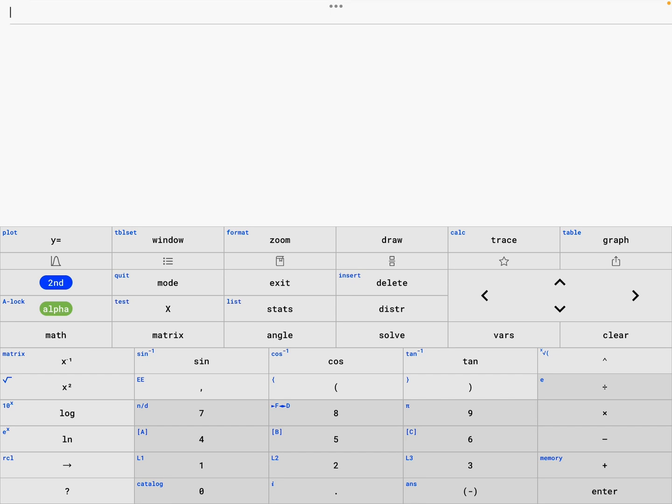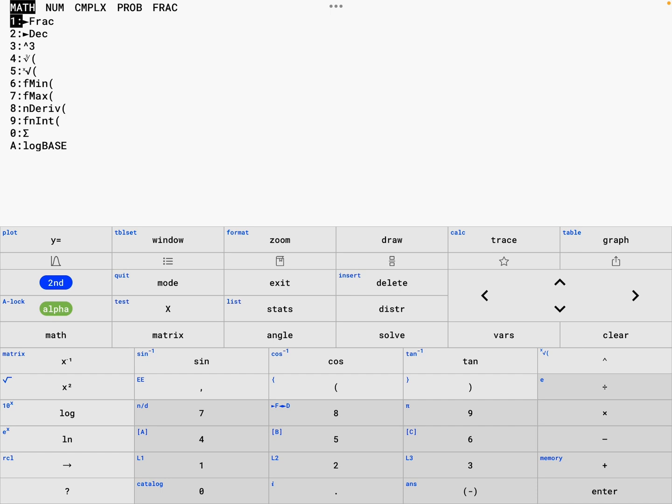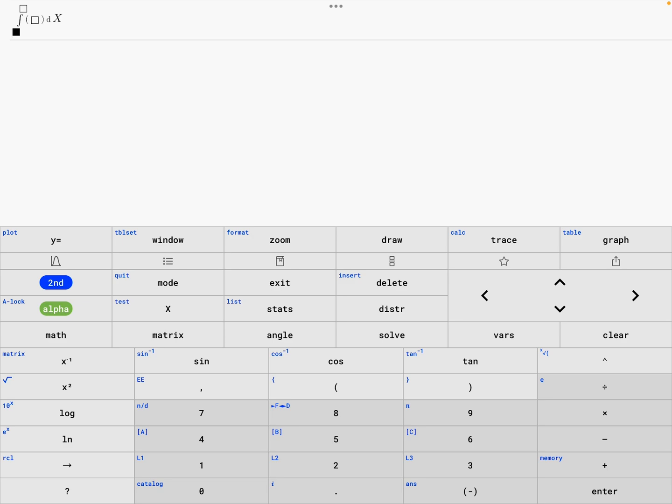So similarly, if you know how to use your derivative, if you go to the math option, you can see 8 is nDeriv, but 9 is fnInt, which is the definite integral. So if you click that, you can see that it comes up with all the stuff that you have right there.